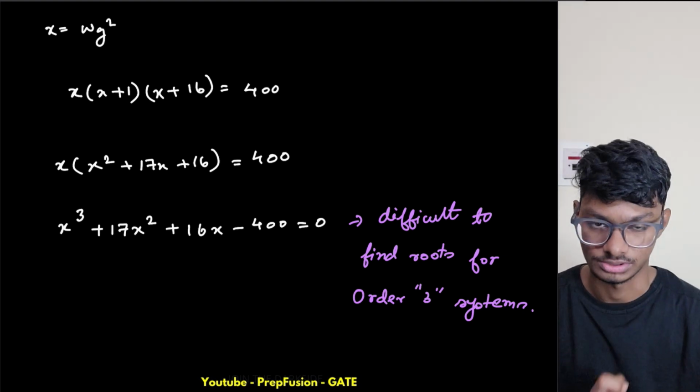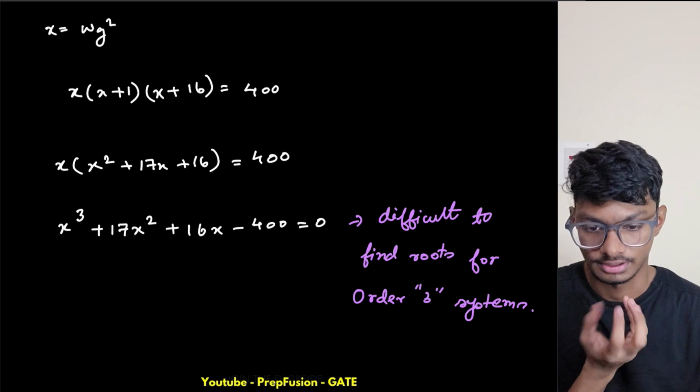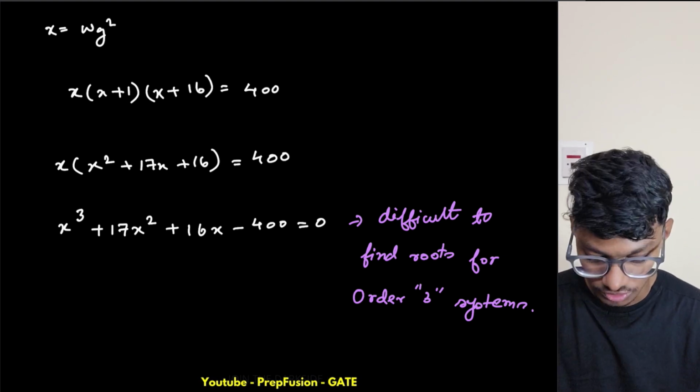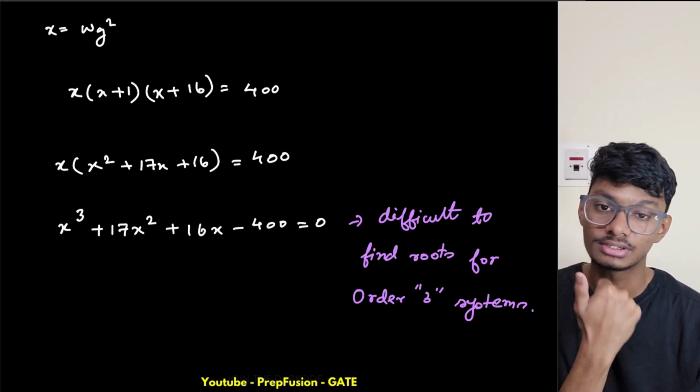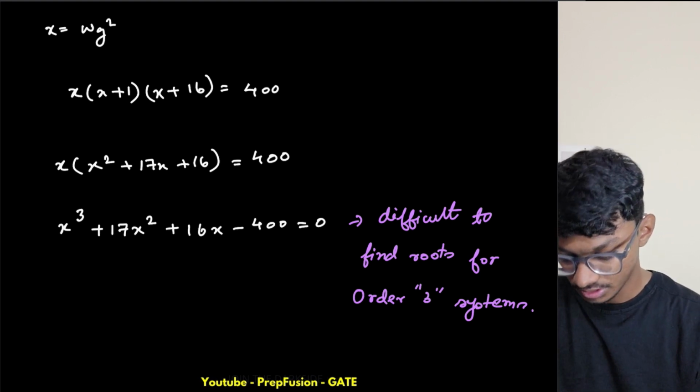Let's say hypothetically we got the solutions of the order 3 systems. You will get 3 solutions, and generally what will happen is that out of the 3 solutions, 2 will be invalid. How?